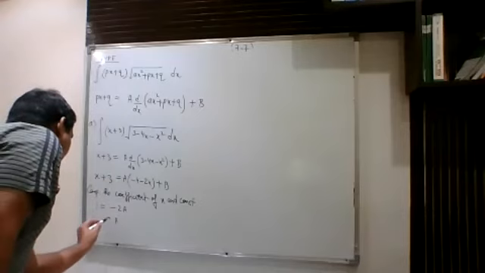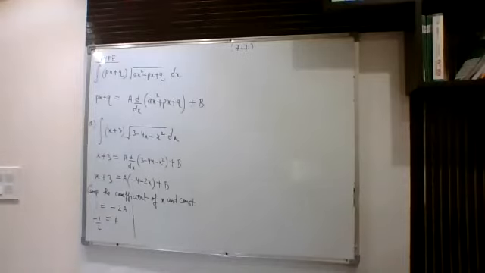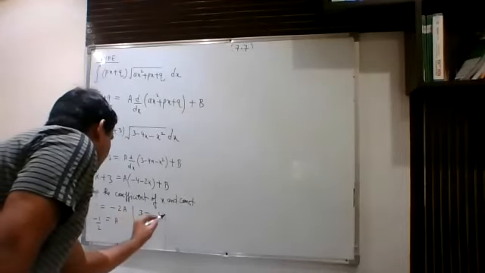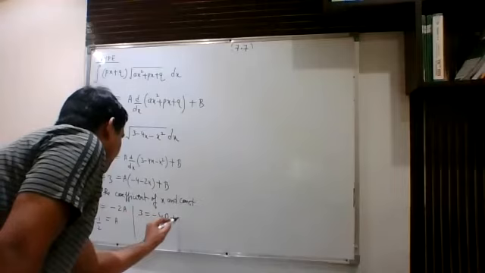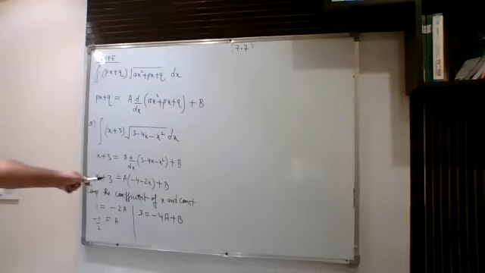So A can be written as minus 1 by 2. So this is one equation. And another equation will be 3 is equal to minus 4A plus B.